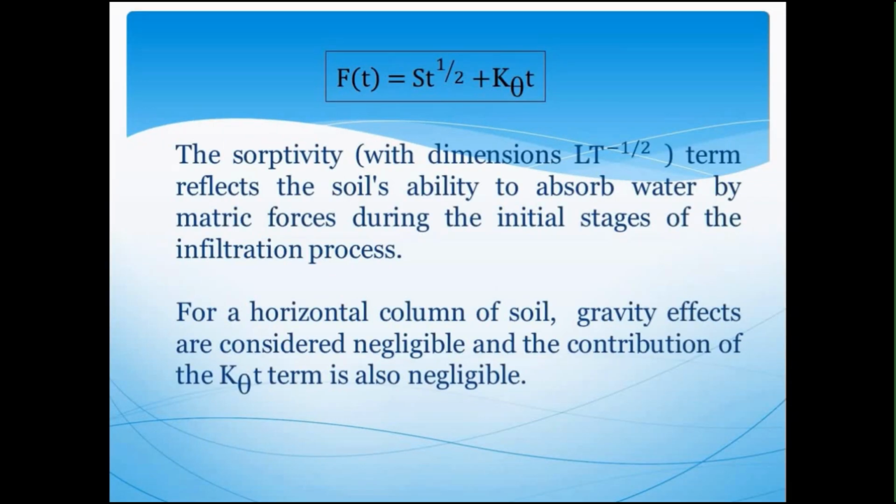The sorptivity term reflects the soil's ability to absorb water by matric forces during the initial stages of the infiltration process. For a horizontal column of soil, gravity effects are considered negligible, and the contribution of the K times t term is also negligible. So the formula for cumulative infiltration in a horizontal soil column is reduced to this one.